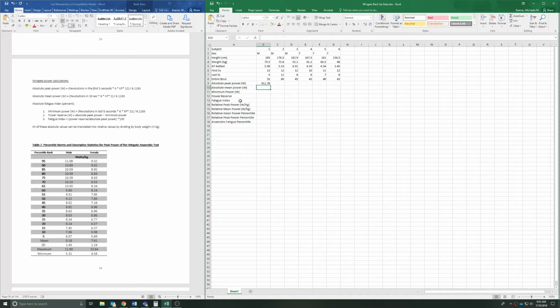To determine absolute mean power, we will equal the revolution for the entire bout times 6 times Kp dropped times 2 divided by that 6.1183.